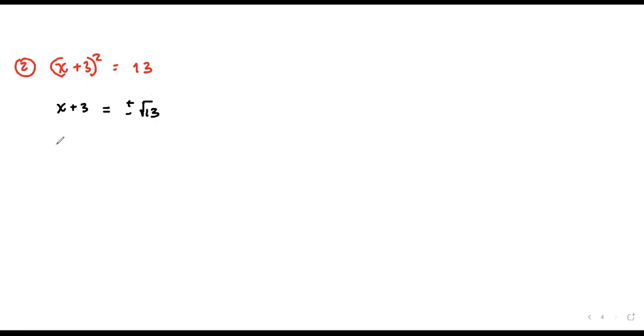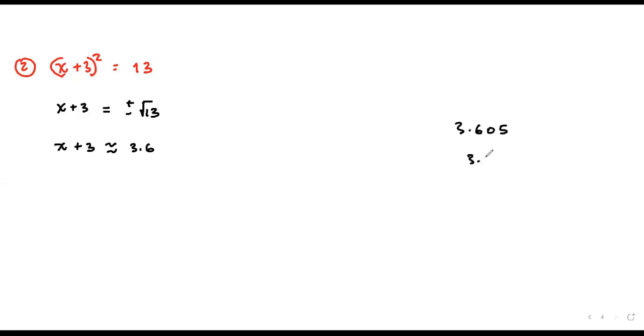x plus 3 equals 3.60. What is another number? 3.605. Okay, so since we need to correct to 2 decimal places, 5 will make 0 become 1.